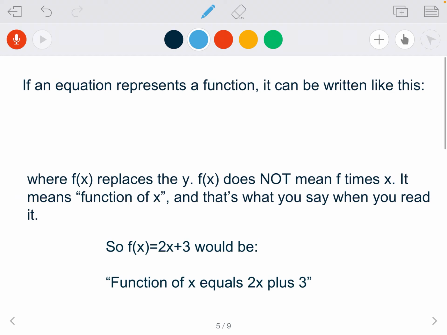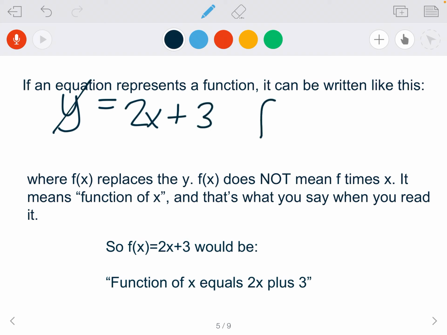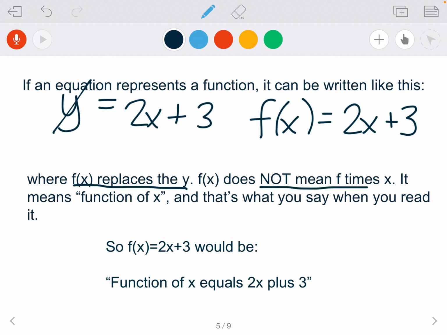So if an equation does represent a function, it can be written like this, or we can take out the y and put in f of x, where f of x replaces the y, and it does not mean f times x.